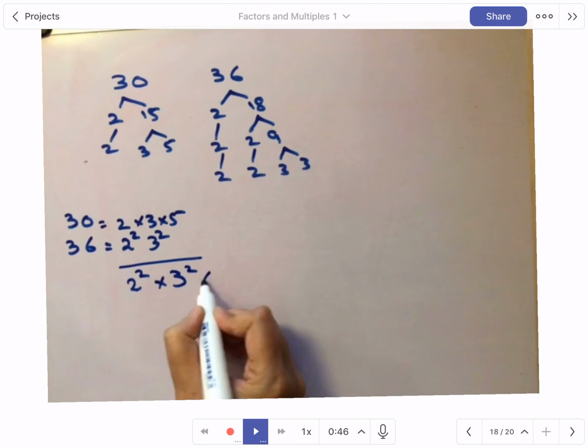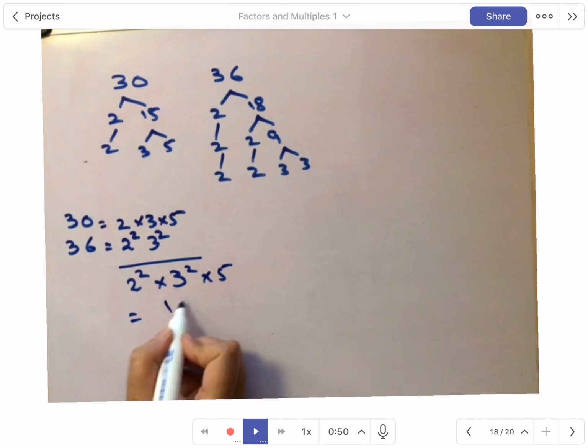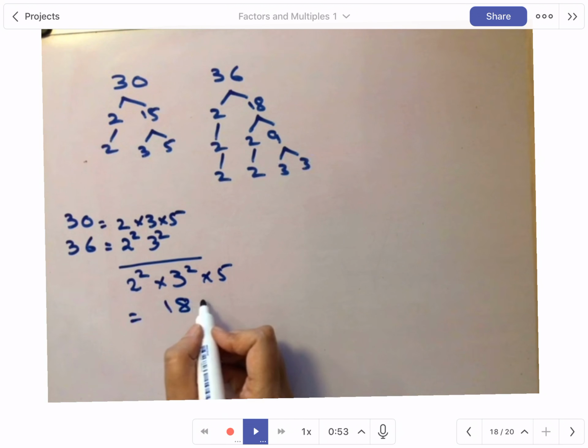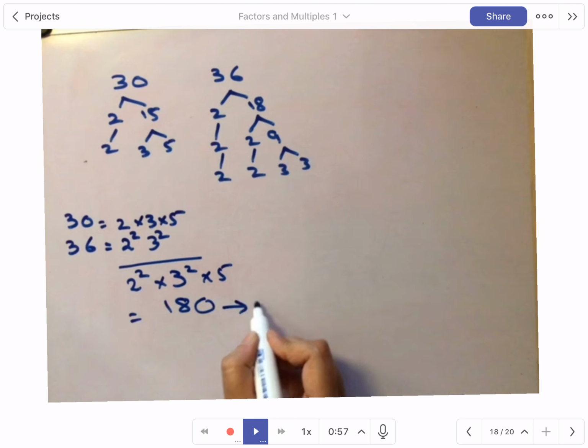So in this case we are taking 2 square, 3 square and 5, and we will get the least common multiple of 30 and 36.